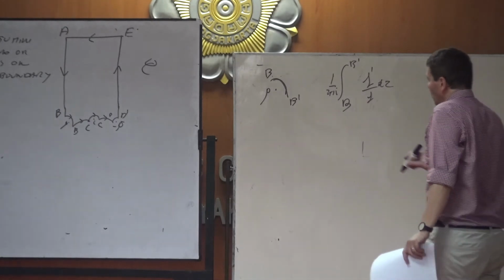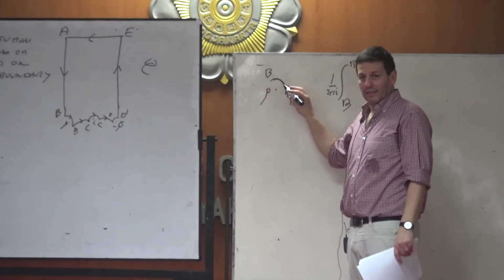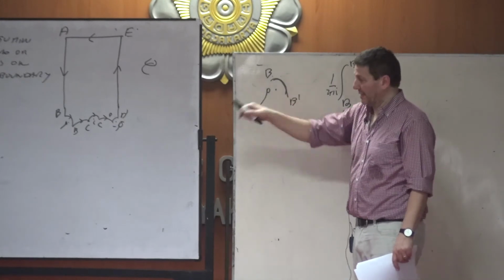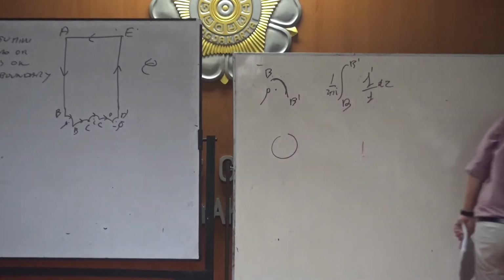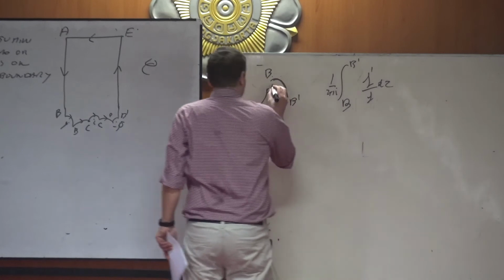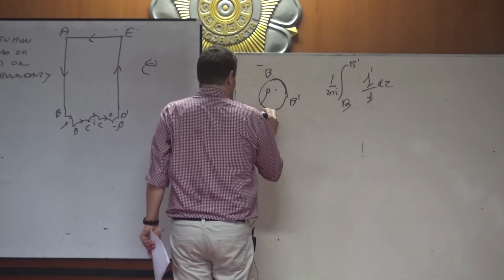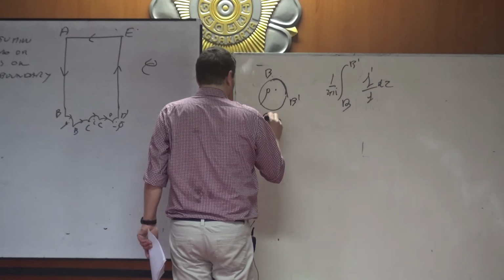Okay, if I do the full circle, what do I get? If I compute the integral, let's say we complete the circle here, and we call the completed circle C0.